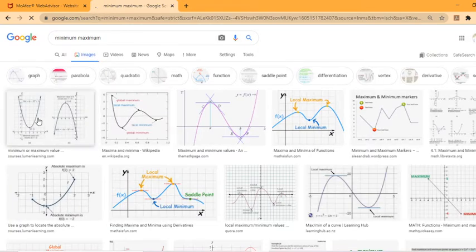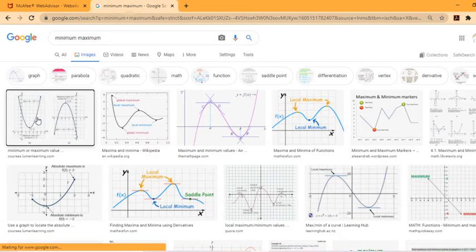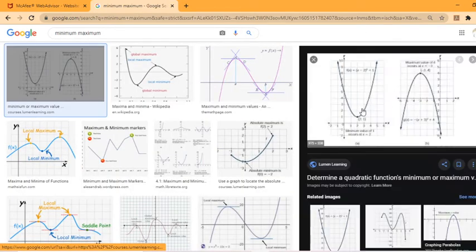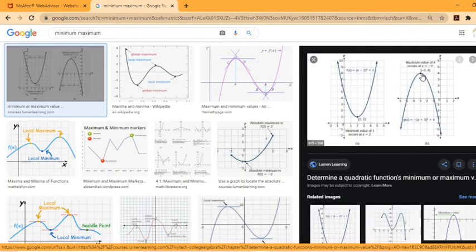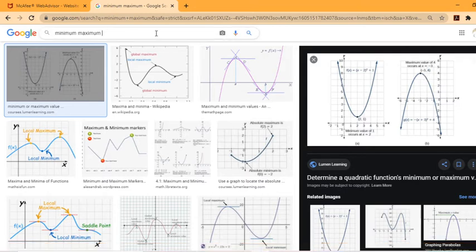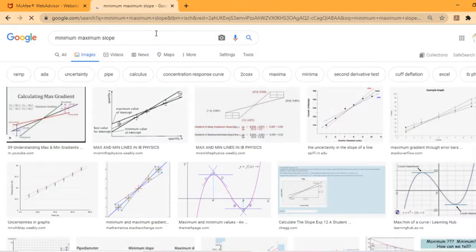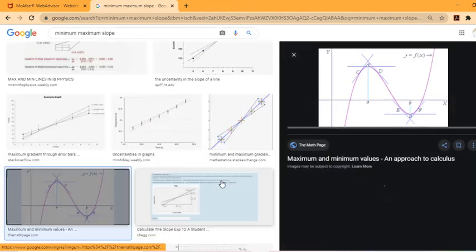We can see the two figures here. One has a minimum value and the other has a maximum value. The maximum value is clearly defined here, and this is the minimum value. So what is the speciality of the minimum and maximum? Think about this figure.